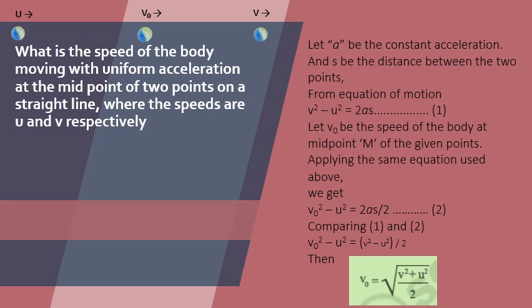What we actually want to calculate is v0, so take v0 as the subject, then what you will get is v0 is equal to root over (v square plus u square) by 2, taking the square root on both sides. Rearrange the terms and take the subject as v0. Understand?